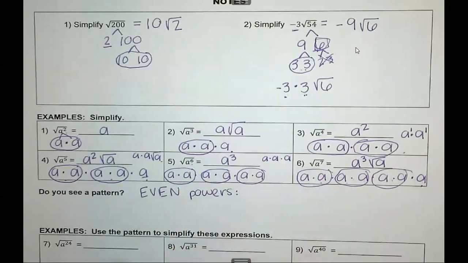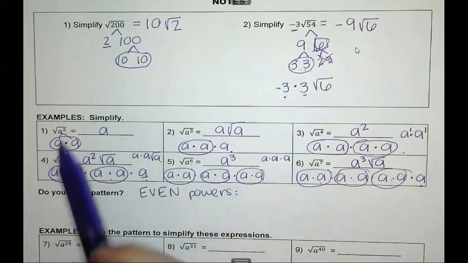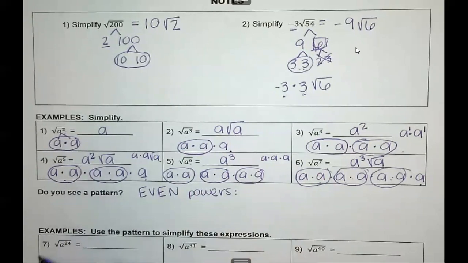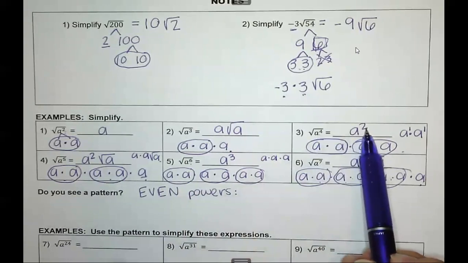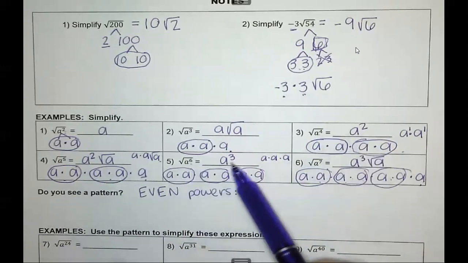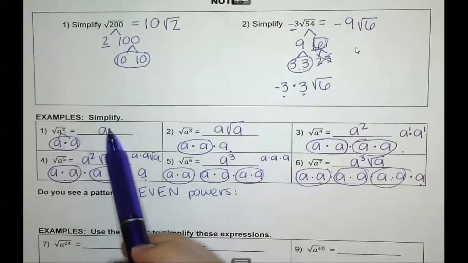So for those even powers, like we noticed, there was never anything left over, right? So if we had a squared, we ended up with a. If we had a to the 4th, we ended up with a squared. If we had a to the 6th, we ended up with a cubed. So what we might notice is what the exponents were and what they became.